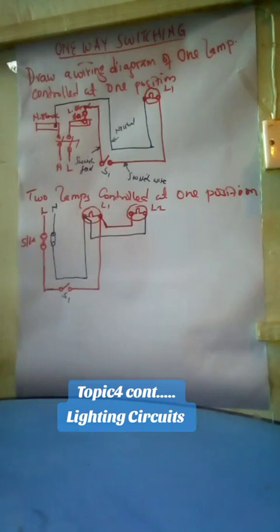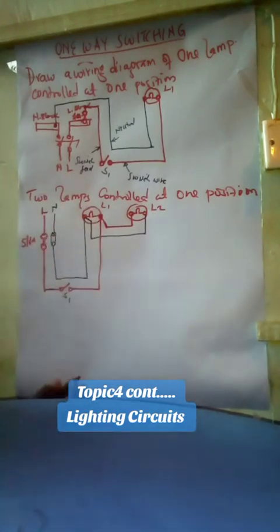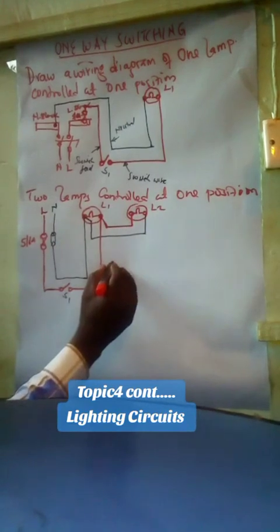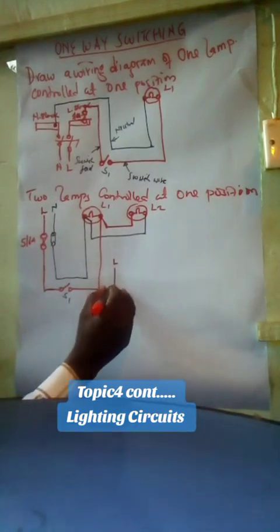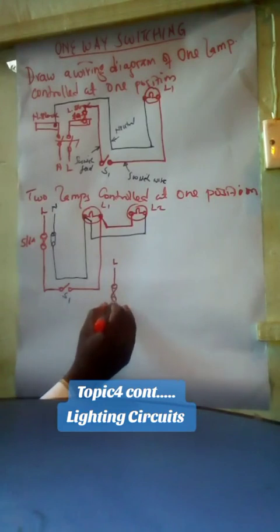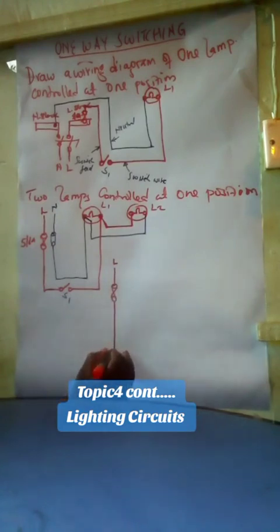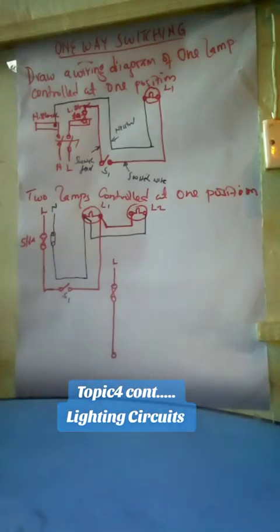Again, it can be drawn a different way. Okay. So the same wiring can also appear this way. Here, we have our live, our fuse. Then we have our switch there. This is our switch.